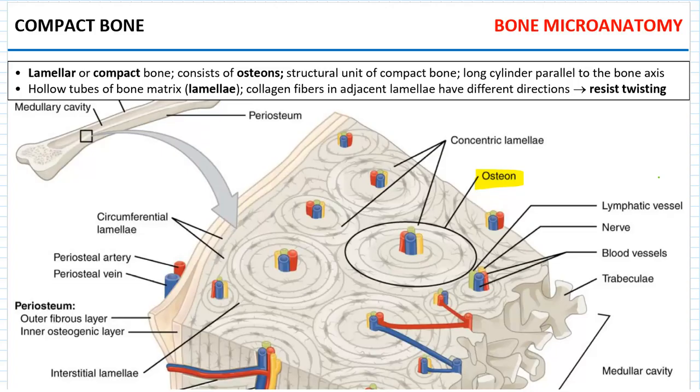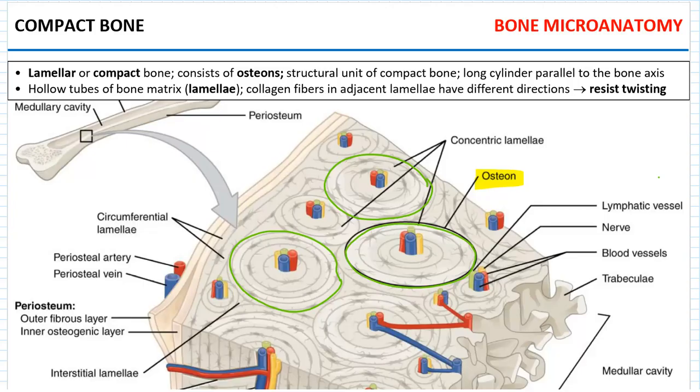In this image you can see multiple osteons. For instance, this circle here is obviously an osteon. That would be an osteon too, and that would be an osteon as well. Now, these osteons are cylindrical structures that are parallel to the axis of the bone.